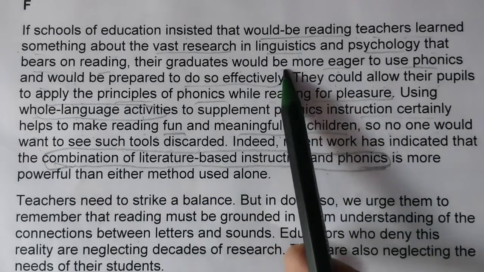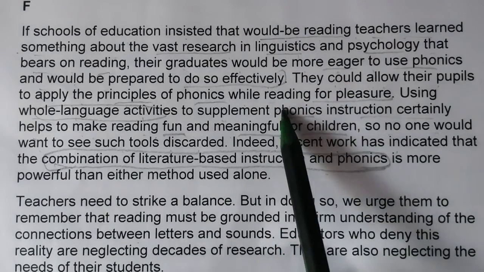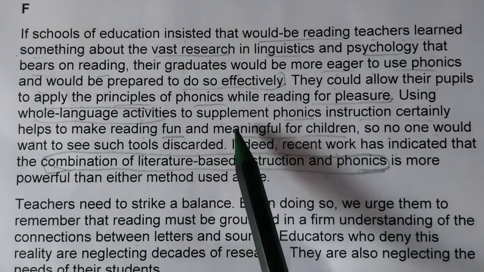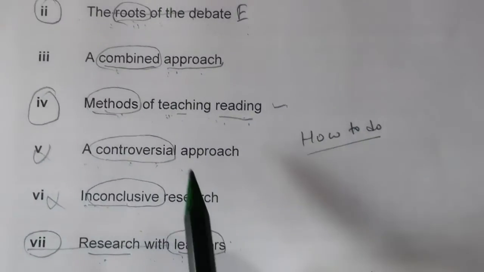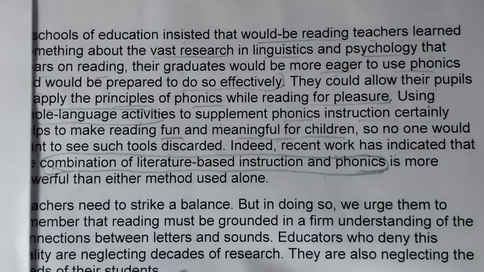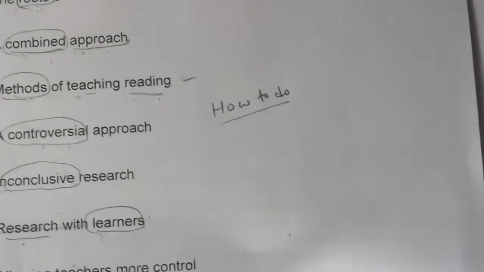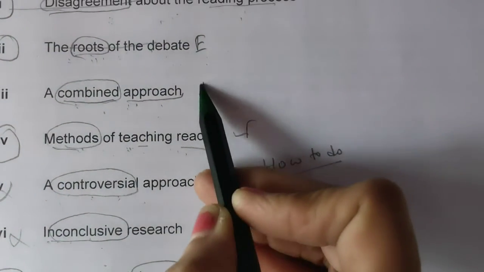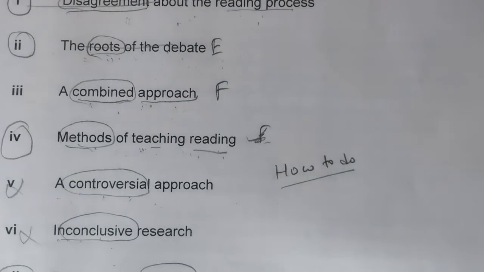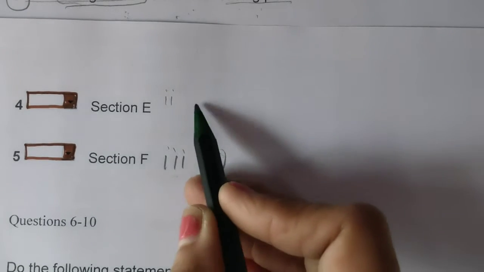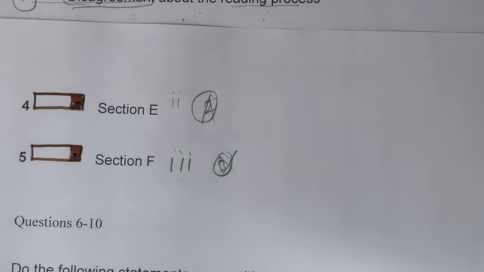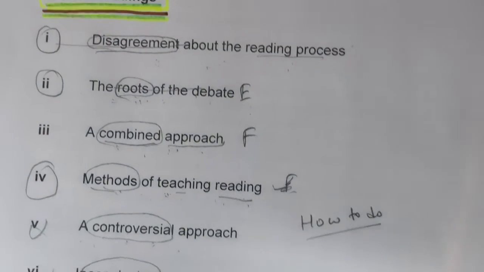If you are not convinced after reading 2-3 sentences, you can read ahead, then definitely you can get something. So I will go with combined approach. So for F paragraph we have got this answer. We have done this list of headings. This is third number. In the answer sheet you will be writing the numeral, not this 3, this 2. Otherwise this will be considered wrong. Now we have done this list of headings.